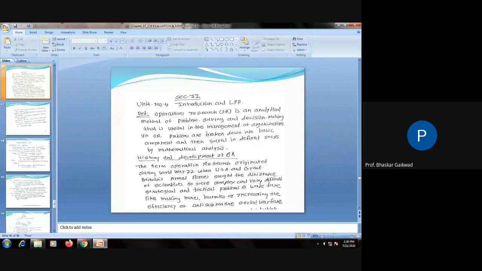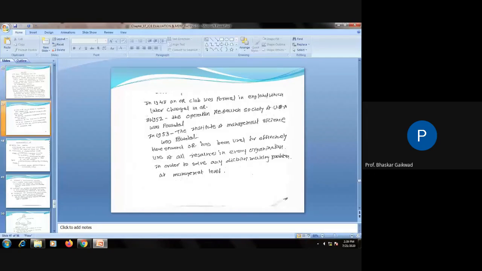For this purpose they found one technique, operation research, and it was used in that war. Some examples they gave might be food distribution, cloth distribution, mining, or many other problems, so that they would get maximum output.